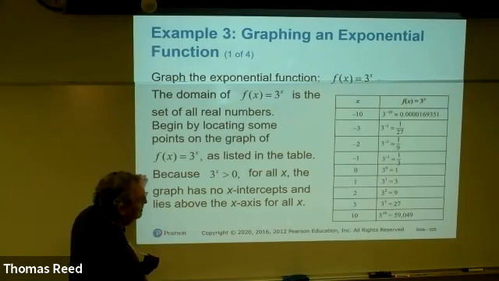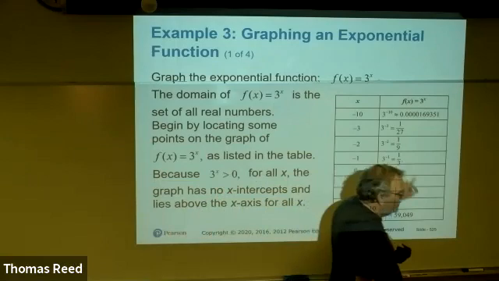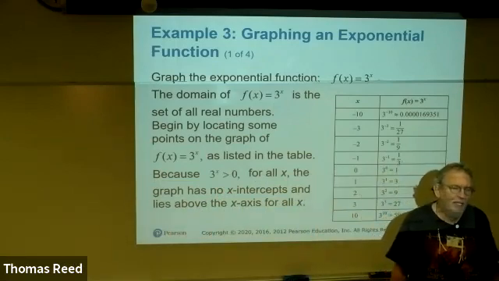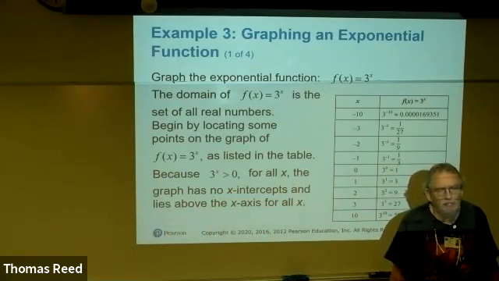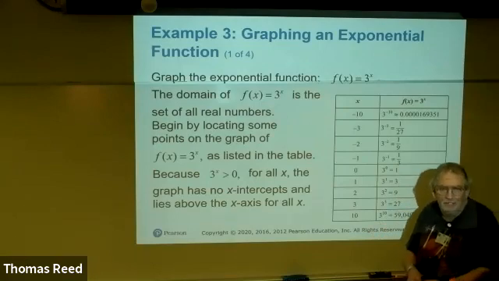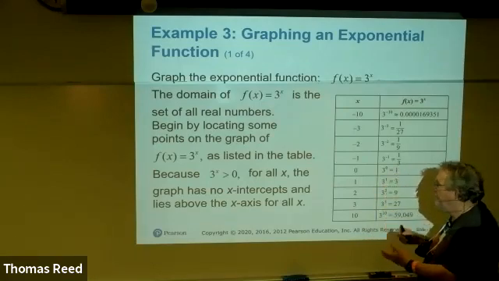The graph will have no x-intercepts because there's no way I can raise a positive number to an exponent and it will equal 0 or negative. So that means my range will be all positive real numbers and my domain is all real numbers.